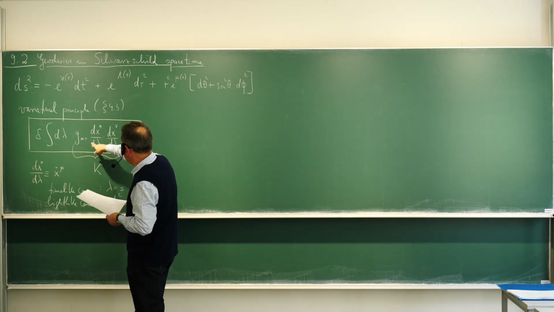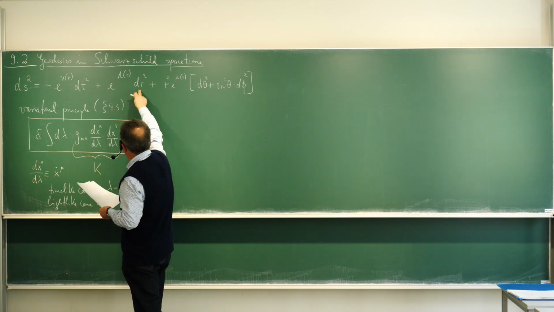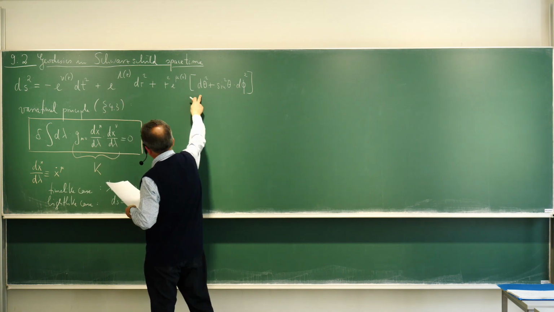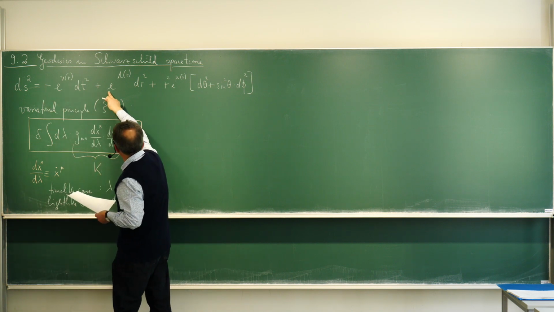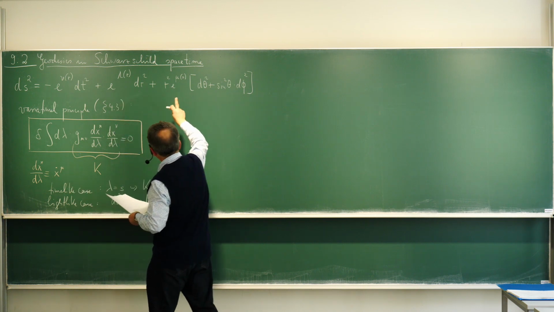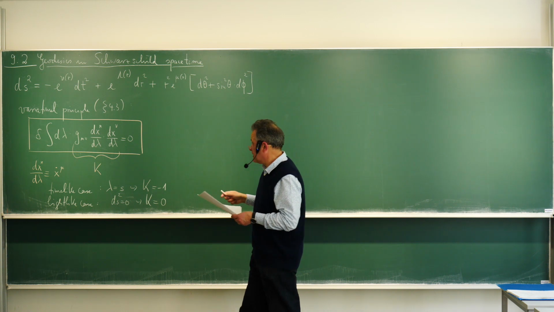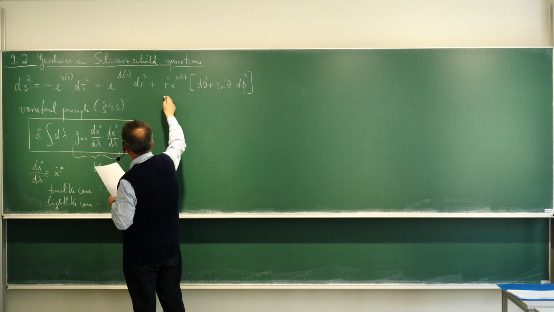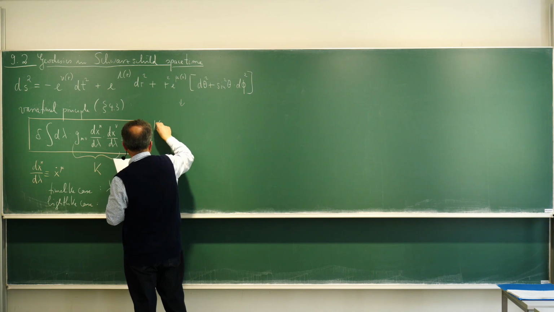Now, let us be more specific. If we have this, we have to insert here now the metric. We have here the g00, the g11, or I call it grr, and so on. And these are only diagonal elements of the metric. So from this here, we have that k.